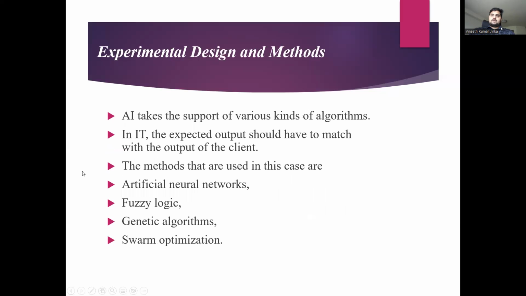And we'll go with our next slide, which is experimental design and methods. AI takes the support of various kinds of algorithms. In IT, the expected output should match the various outputs for the clients. The methods used in this case are artificial neural networks, fuzzy logic, genetic algorithms, and swarm optimization. Quality assurance is in large part about ensuring that the right tools are used during the development cycle.